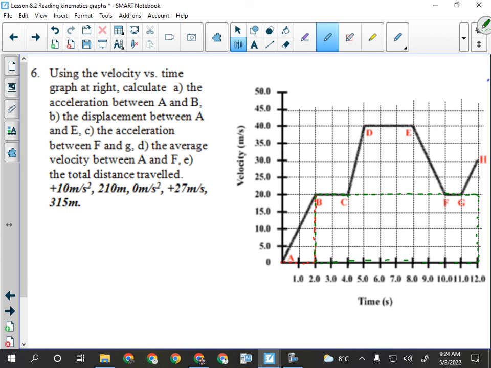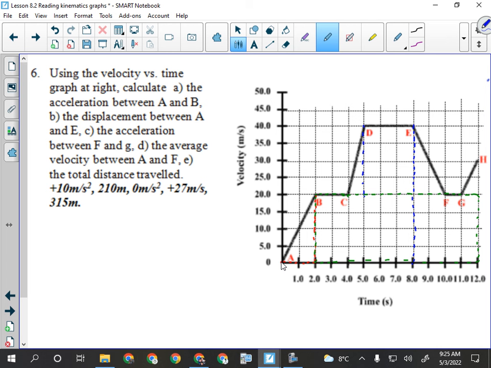Obviously for part B, it's only asking between A and E. So I'll actually have to cut that off right here. Okay? And I would, let's say, do this rectangle, this bottom rectangle, and that little triangle, as well as this triangle. Okay?